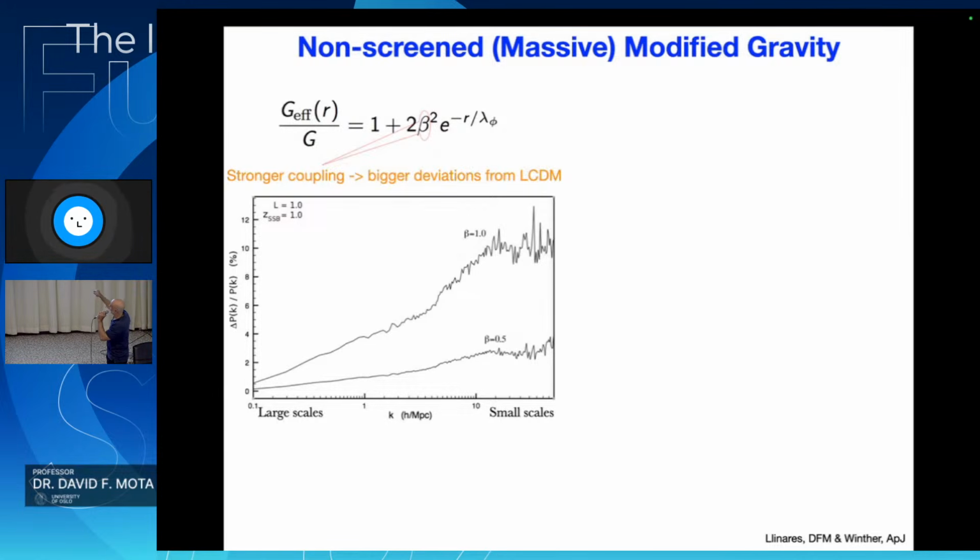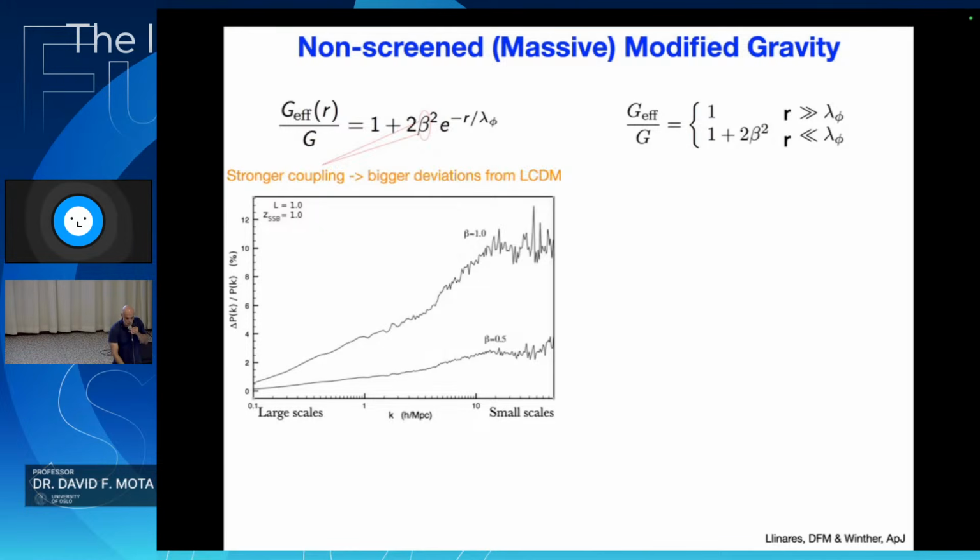If I have the symmetron coupled to the matter fields with the same strength as gravity, beta equal to 1, then you can have deviations of about 10%. This is what you see, yeah? So the stronger the coupling, the stronger is the clustering of galaxies for scales which are, as we showed, at smaller scales within the range of the fifth force. That's where deviations become quite strong. Yeah?